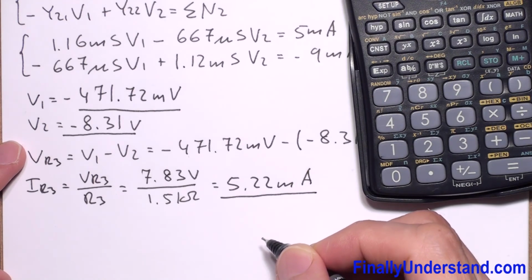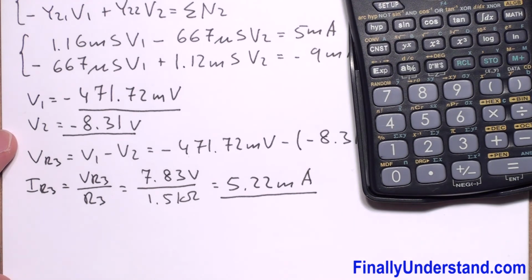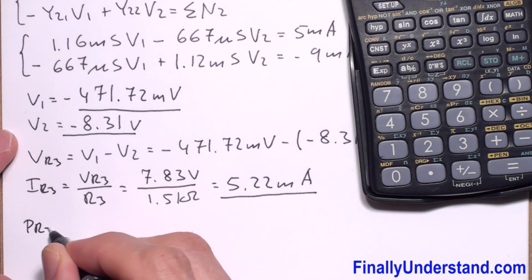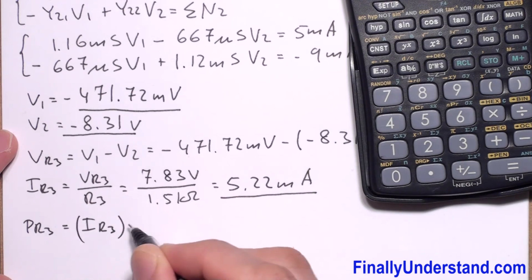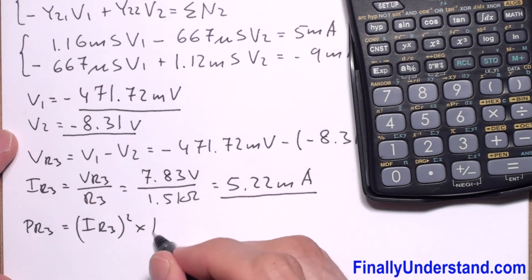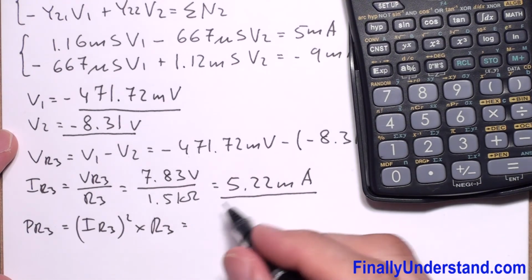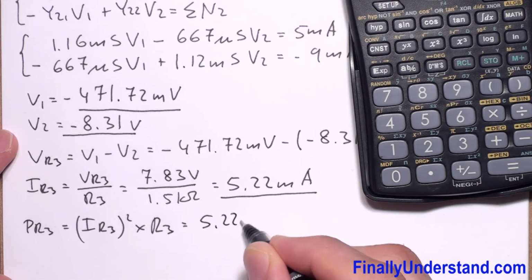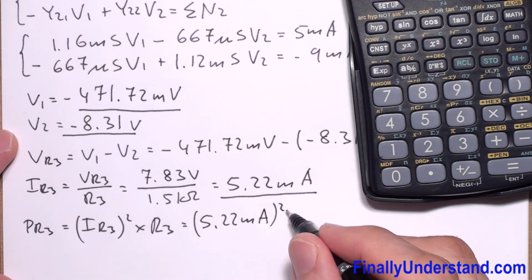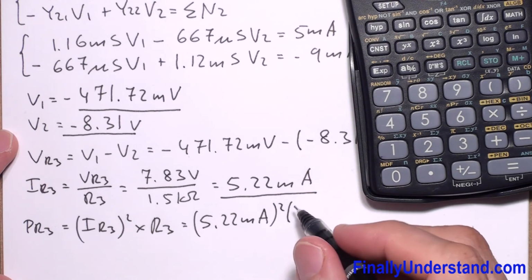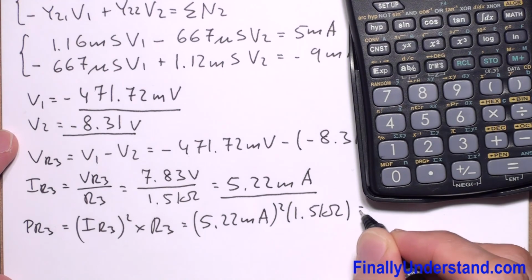Next, I'm supposed to find the power at resistor R3. So PR3 is equal IR3 to the second power times R3. So my IR3 is equal 5.22 milliamps raised to the second power times R3, which is equal 1.5 kiloohms.